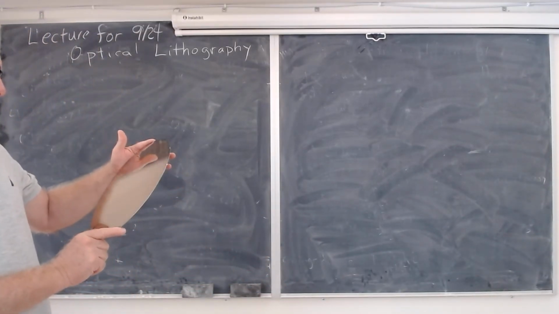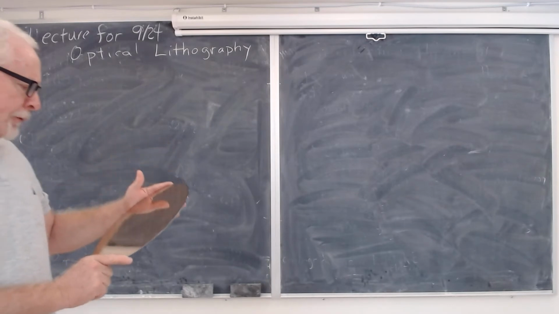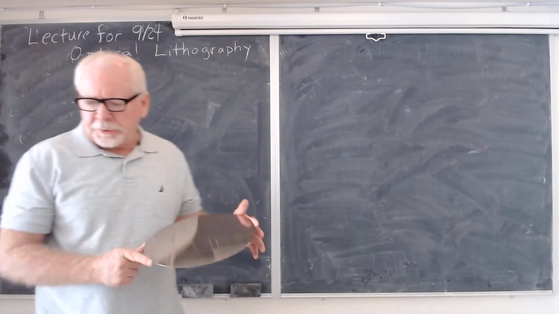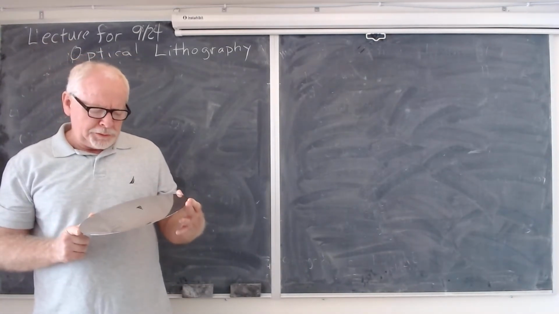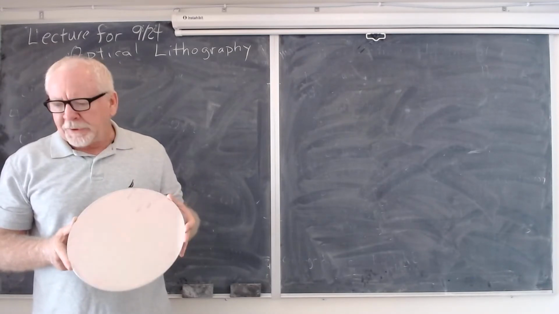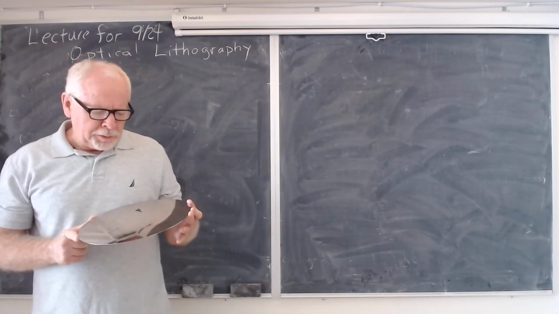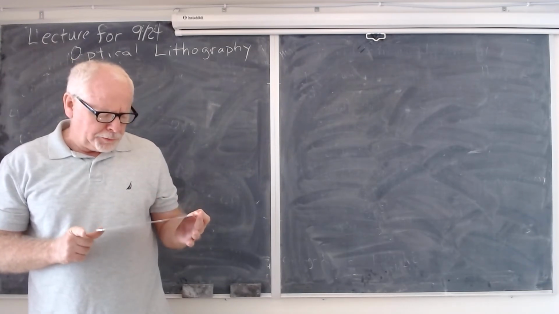Okay, so this is a CMOS switching wafer, and this wafer consists of somewhere around maybe 30 to 40 steps, and somewhere around 20 layers of material.